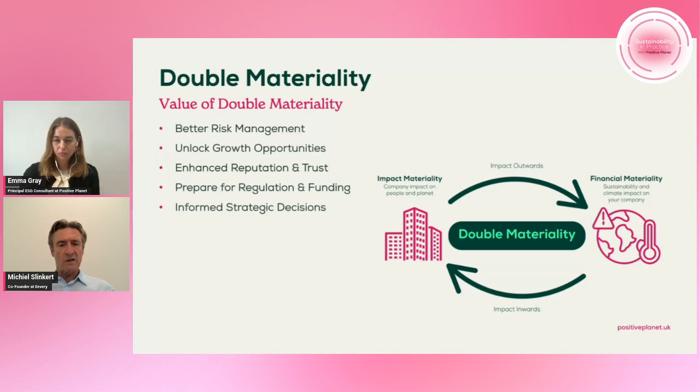We have a client who is a software services provider, and they were spending actually quite a lot of money on carbon neutrality and compensation, and they had a whole program going. And then they started looking at their business through this double materiality lens, and they found out that actually they were one of the largest employers in a small town in the UK.